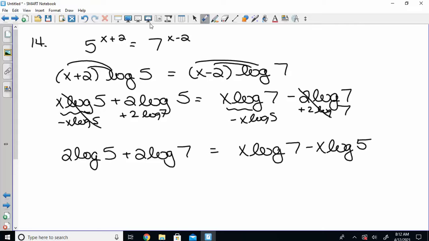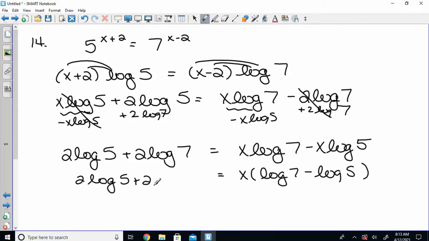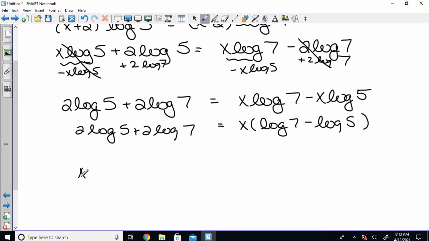We can't, that'll take us back kind of where we started. We would have to condense them before we could do that. Both of these have an x, so we will factor that out. So then you have x times something, so we will divide.